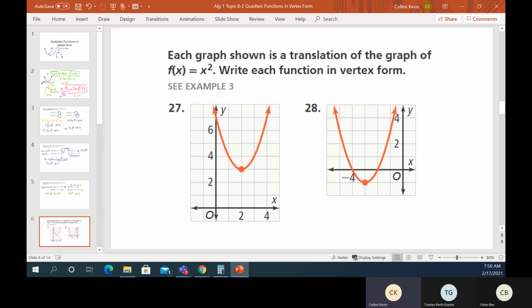So for the first guy here, what's our vertex? What are the coordinates of our vertex here? Okay, so this guy is 2. And how about the other guy?